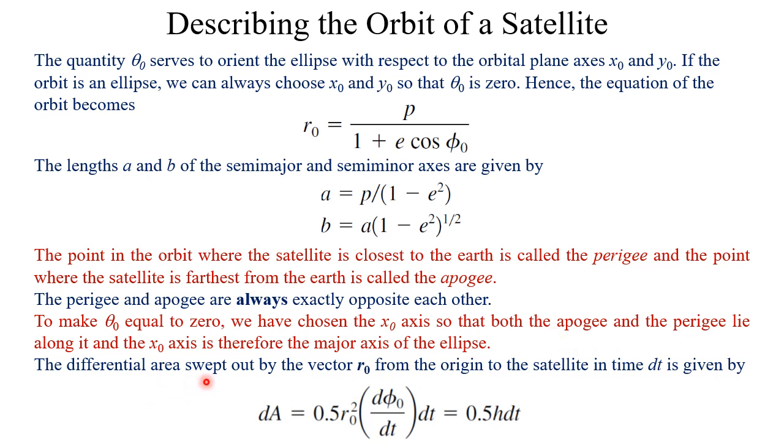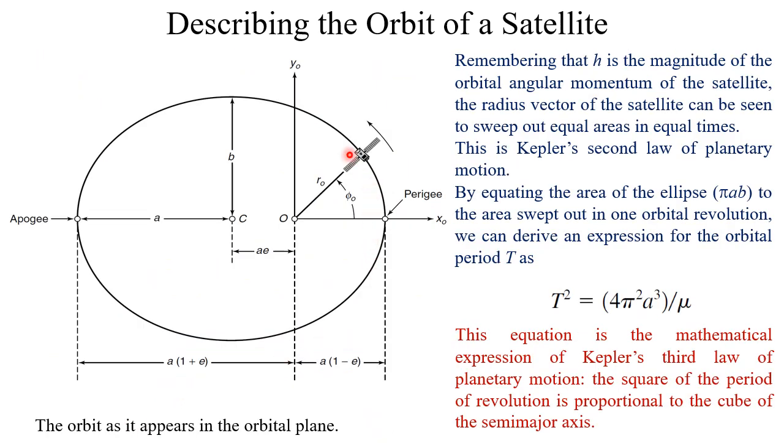Now, the differential area swept out by the vector r0 from the origin to the satellite in time dt, we can write in this way. So if we observe the orbit, this is the position of the perigee, this is the position of the apogee, and this is the position of the Earth. Actually, this is the focus of the ellipse, and this is the orbit of the satellite.